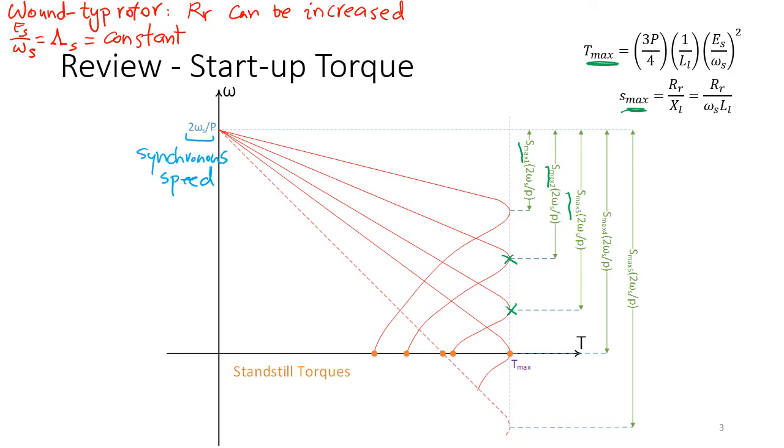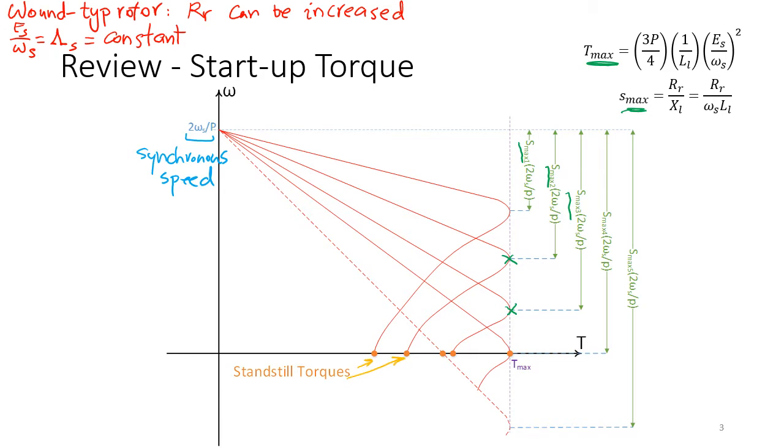the synchronous speed still remains constant because omega is constant. We haven't changed the supply frequency of the motor. We are only changing the rotor resistance. We keep the same synchronous speed, but we push the maximum point lower and lower. And by that, as you can see, here are our standstill torques.